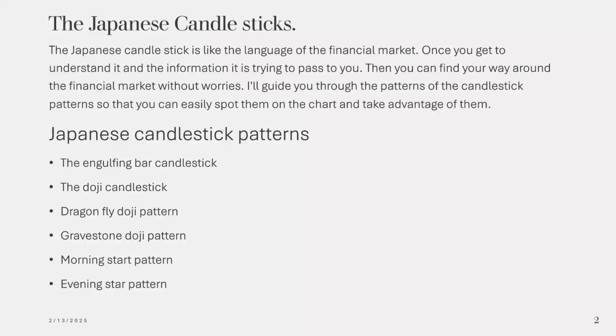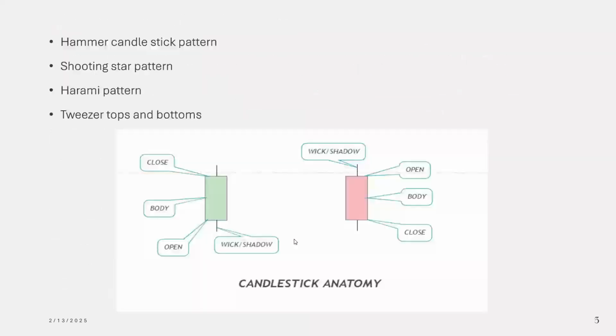I have a picture of them to show you. Doji candlestick, dragonfly doji pattern, gravestone, morning star, evening star, hammer candlestick pattern, shooting star, harami, and tweezer top and bottom.